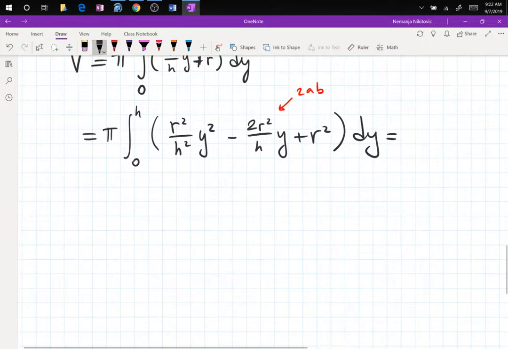All right, so now we are integrating, because that's the next step. R squared over h squared, that's a constant, right? Remember, r is going to be 3, let's say, and h is 7. So you're just having 9 over 49 there. It's a constant, just move it. It's y cubed over 3.